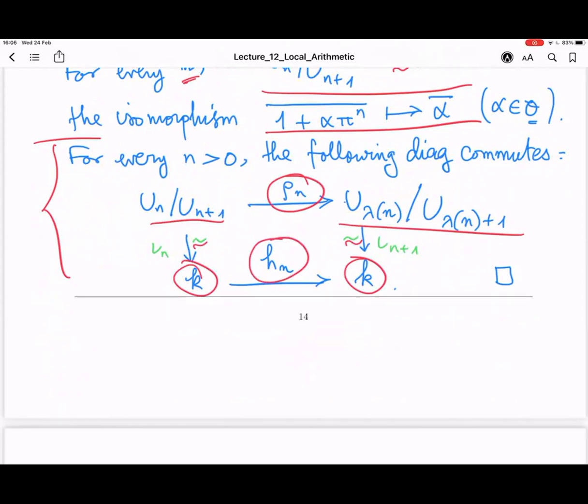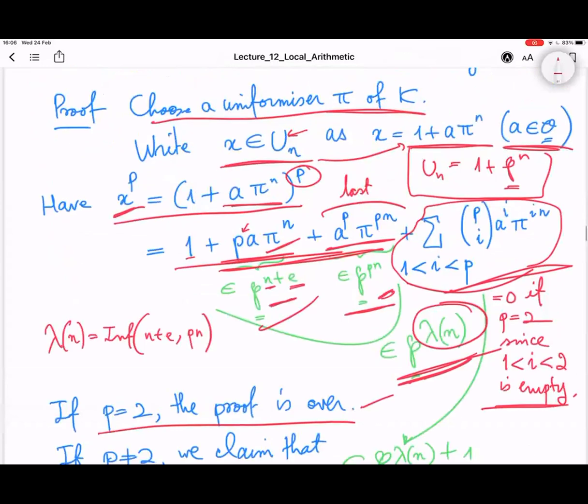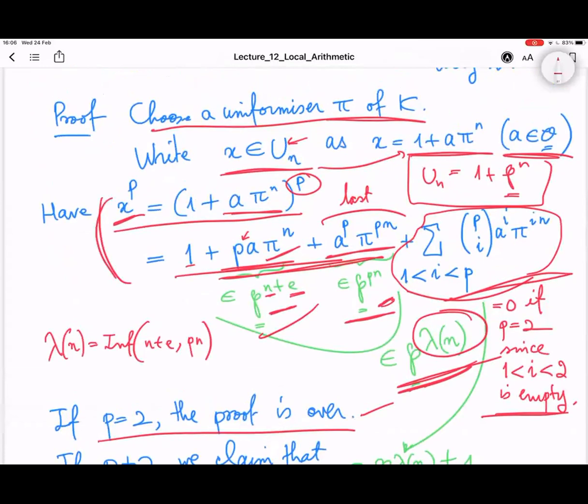And the claim is that this diagram commutes. It just means that iota n plus 1 composed with rho n is equal to Hn composed with iota n. That's what it means for this diagram to commute. So this is nothing but a way of re-expressing this.